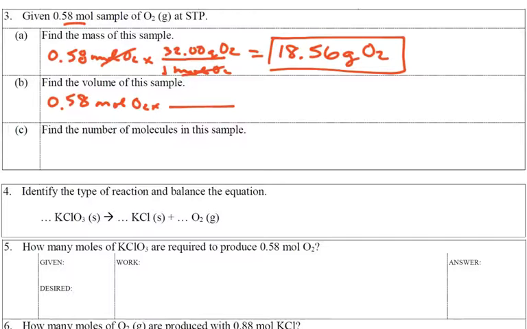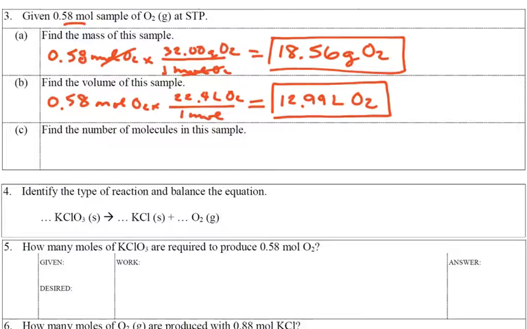But this time the conversion I'm going to use is that there were 22.4 liters of O2 in 1 mole of O2. I keep calling that my beach ball number because we have that constant displayed in the classroom on a big beach ball. So when I do 0.58 times 22.4, I get 12.99 liters of O2. And that's my second problem.